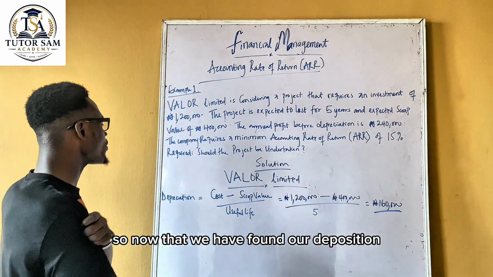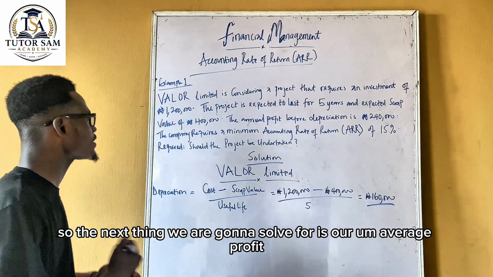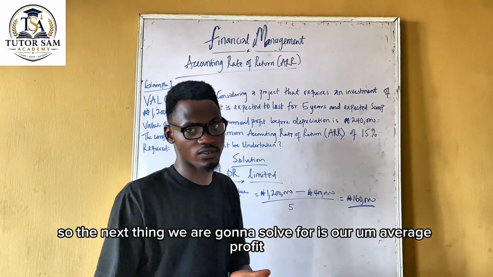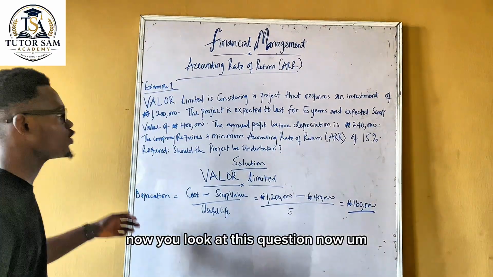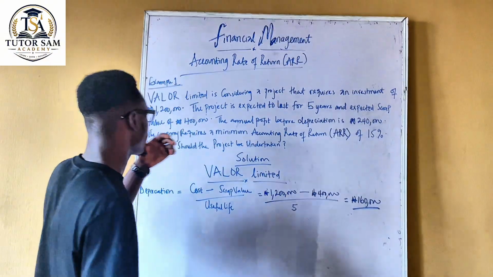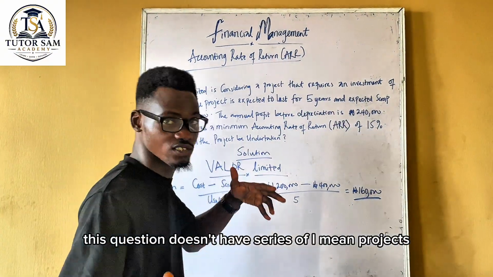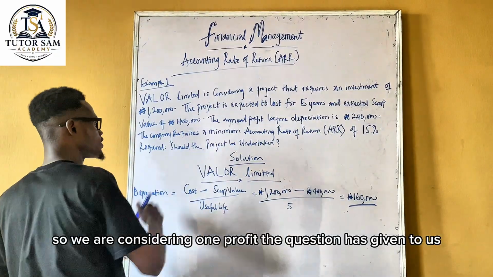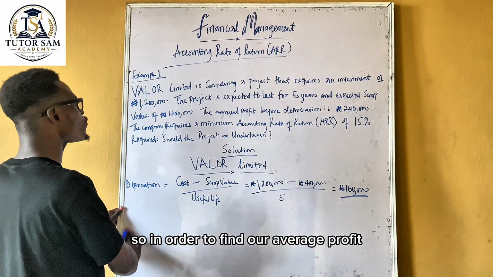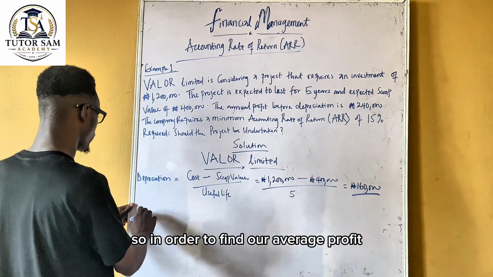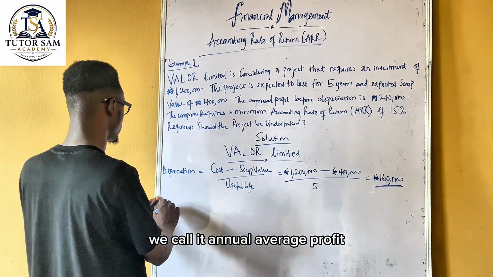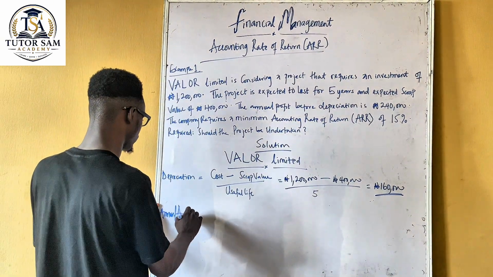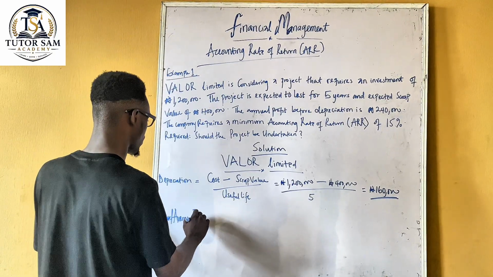All right. So now that we have found our depreciation, the next thing we are going to solve for is our annual average profit. Now, this question doesn't have a series of projects. We only have one project, so we are considering one profit.